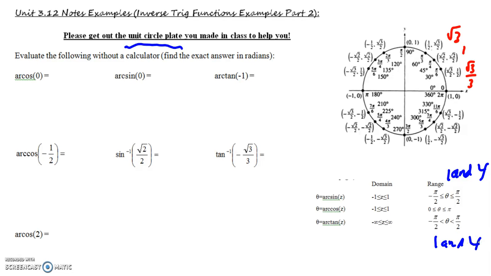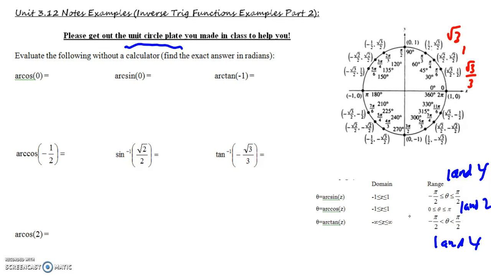The different one is arc cosine, where the range is restricted between 0 and pi, which is quadrants 1 and 2. The domain of arc sine and arc cosine have to be between negative 1 and 1, but arc tangent has no restriction. So all of this can apply to the unit circle as well.